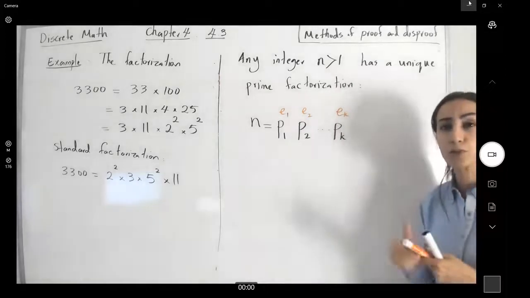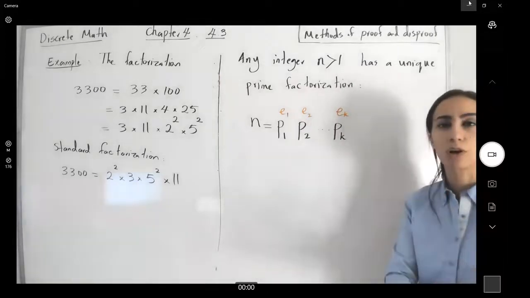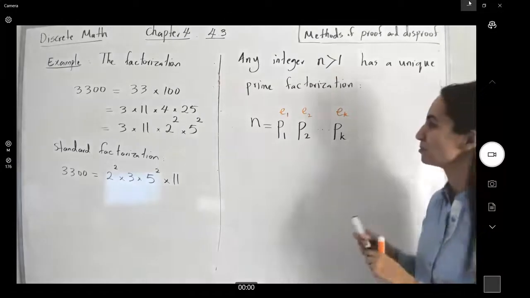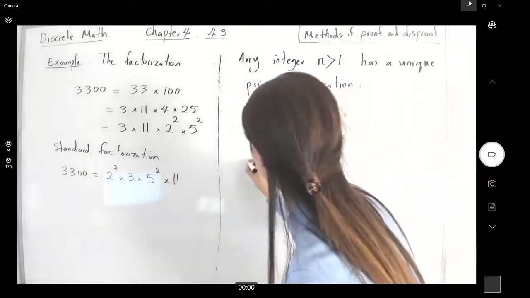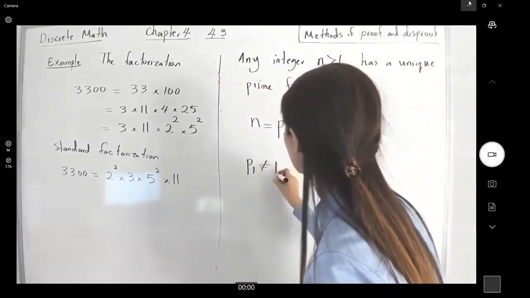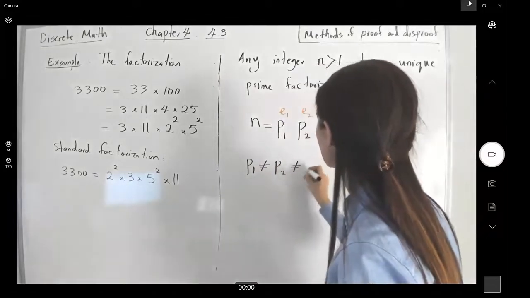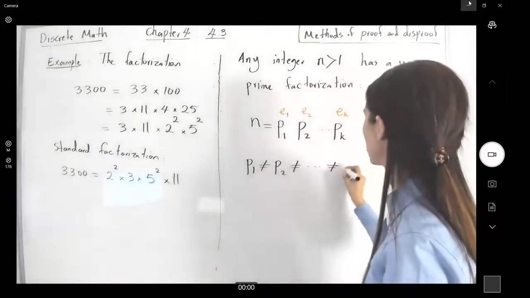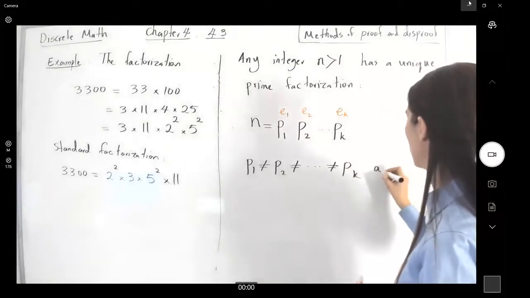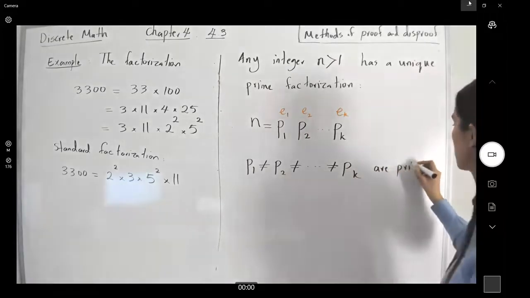P1, P2, P3, up to Pk are prime numbers, and P1 is different from P2, different from P3, different from Pk.